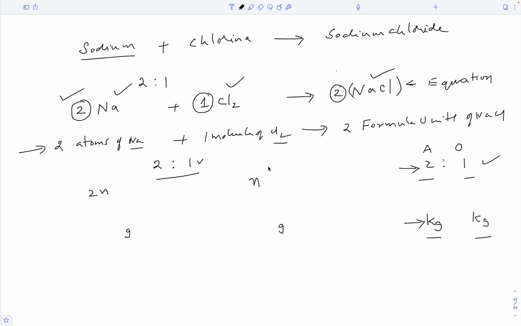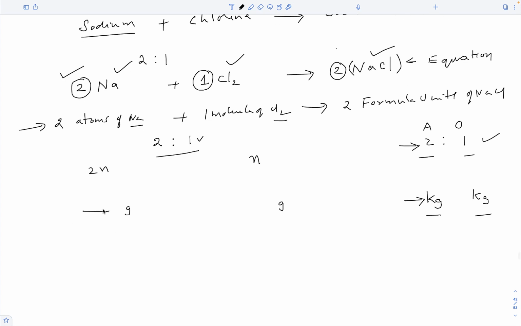So we cannot buy them by count of particles. We can only buy them by weight in kilograms, in grams, etc. So now we have to figure out the weights of sodium and chlorine that contain sodium atoms and chlorine molecules in this ratio, if you don't want to waste any sodium or chlorine.